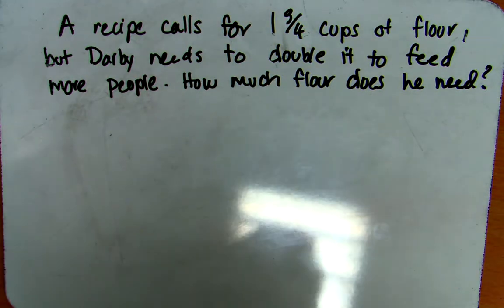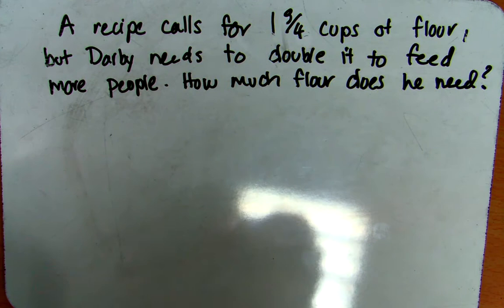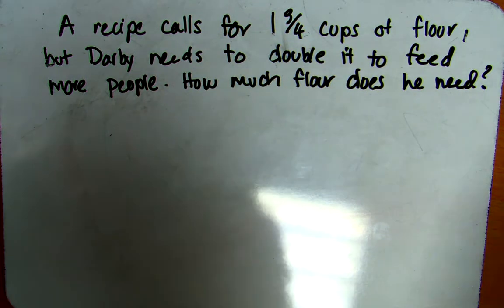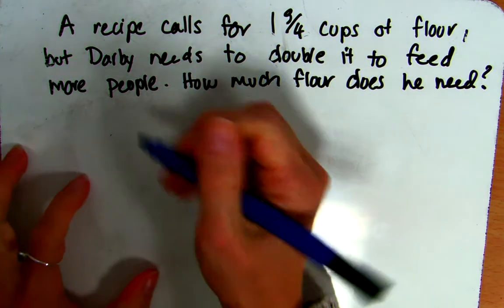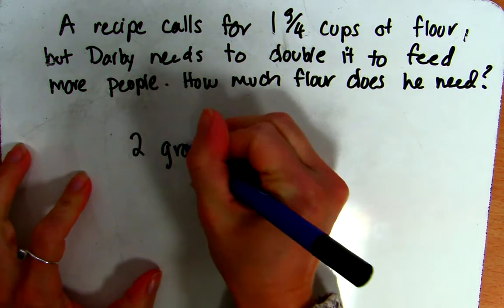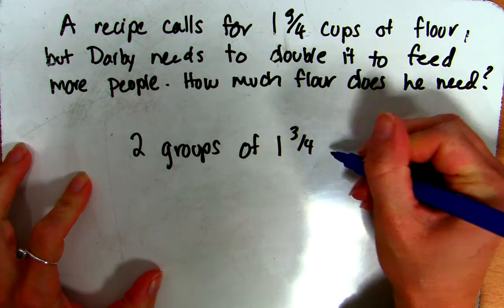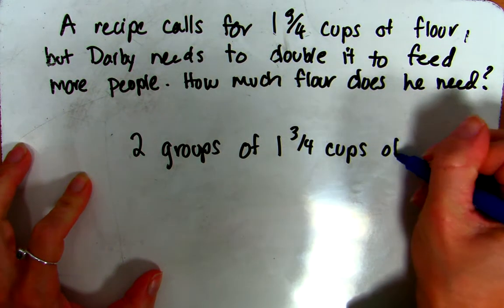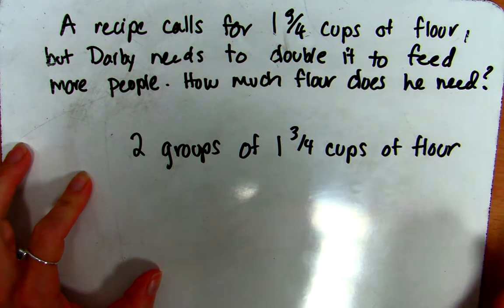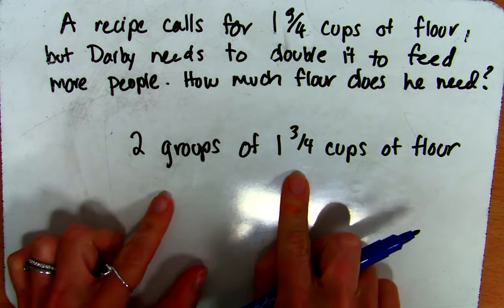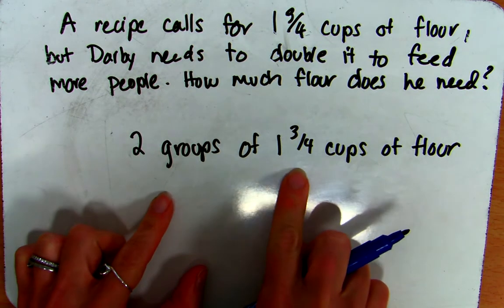So as always, let's think of this first in terms of our groups and then make a little estimate. So we know Darby needs 2 groups of 1 3/4 cups of flour. Now, 1 3/4 isn't too far off from 2, so we're going to round that up to 2.